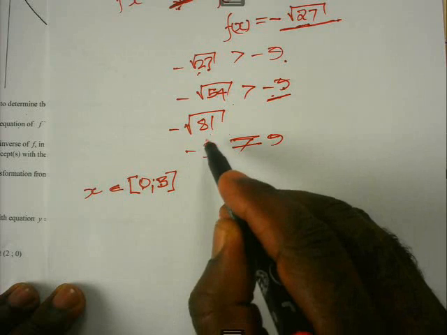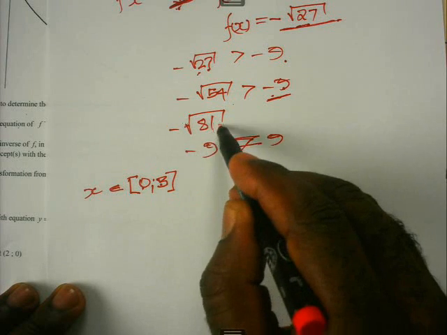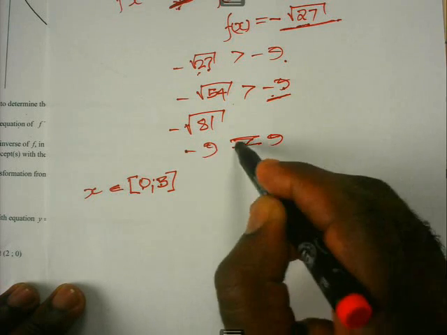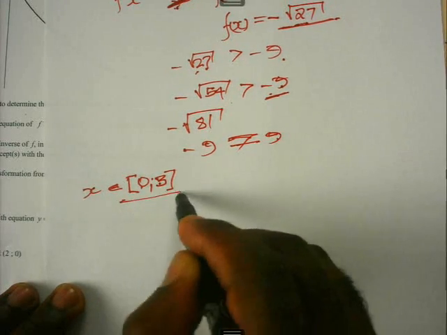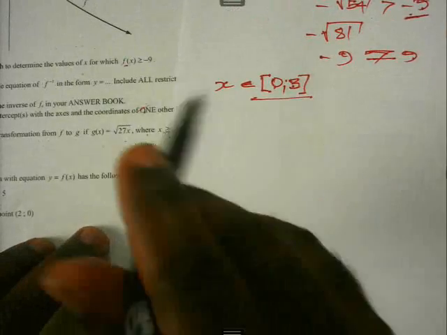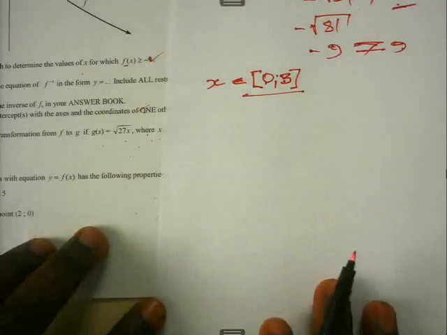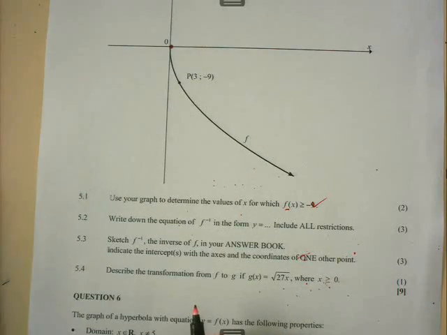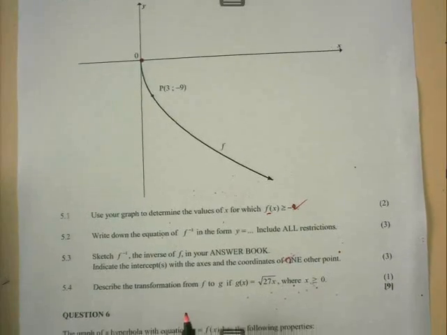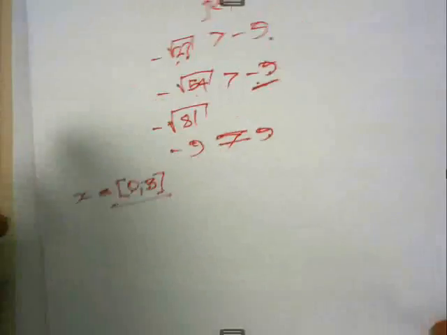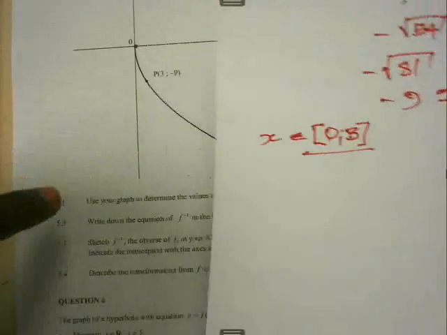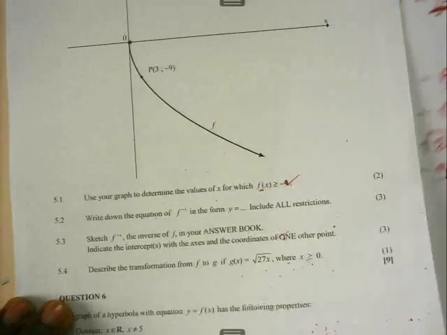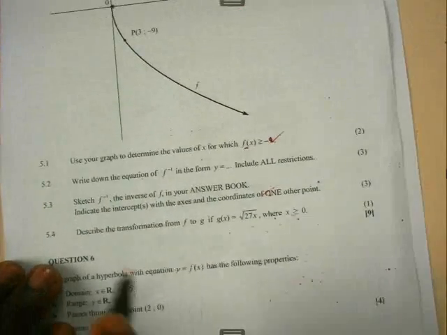And negative the square root of 81 is negative 9, which is equal to negative 9. So it is only up to that. That is the answer to question 5.1 of the November 2012 question paper.